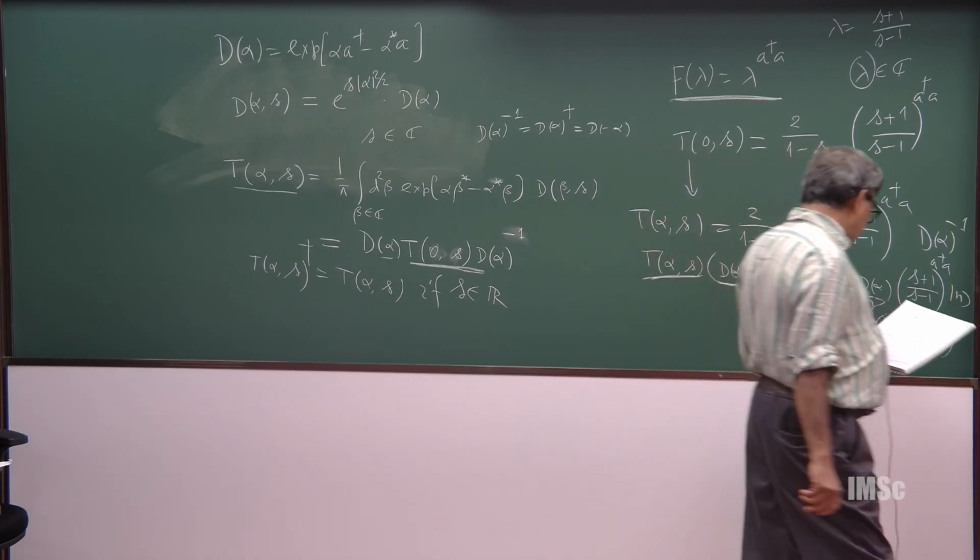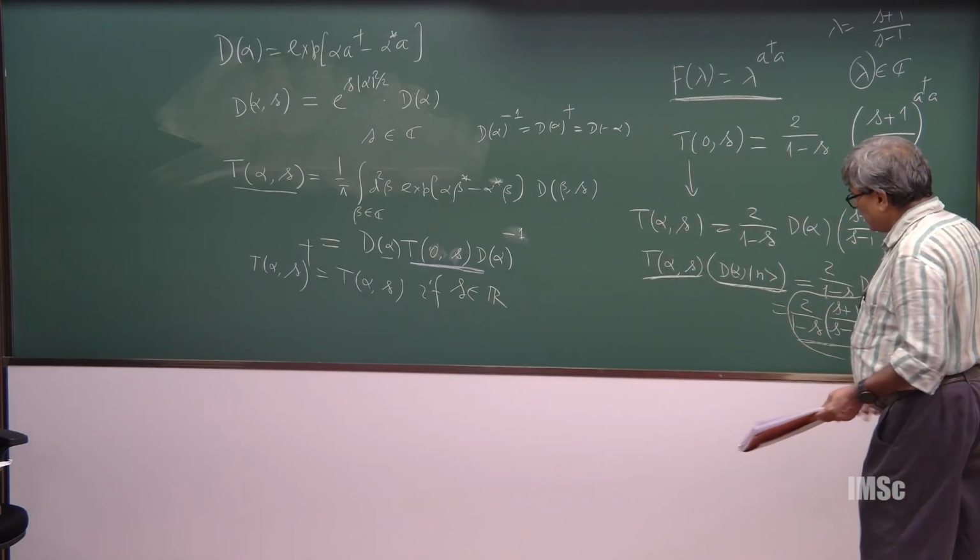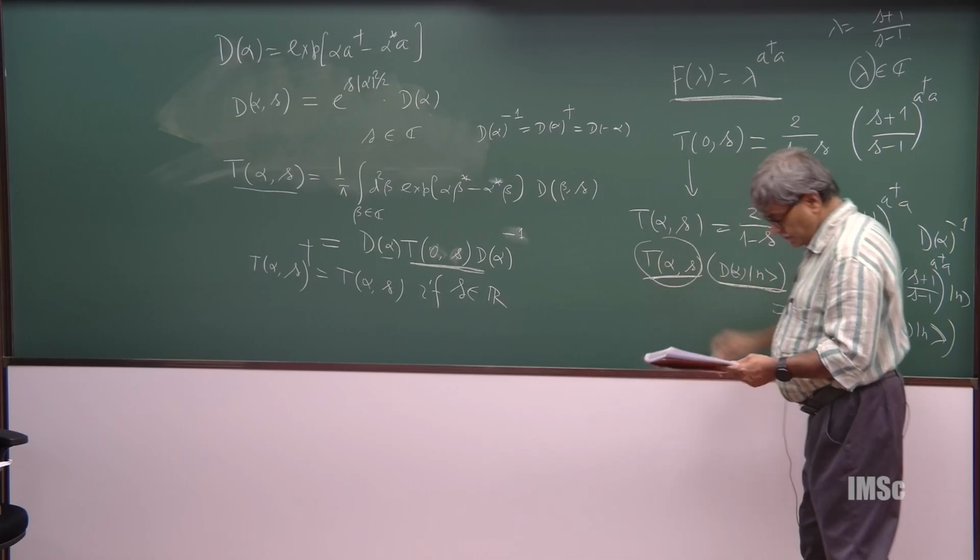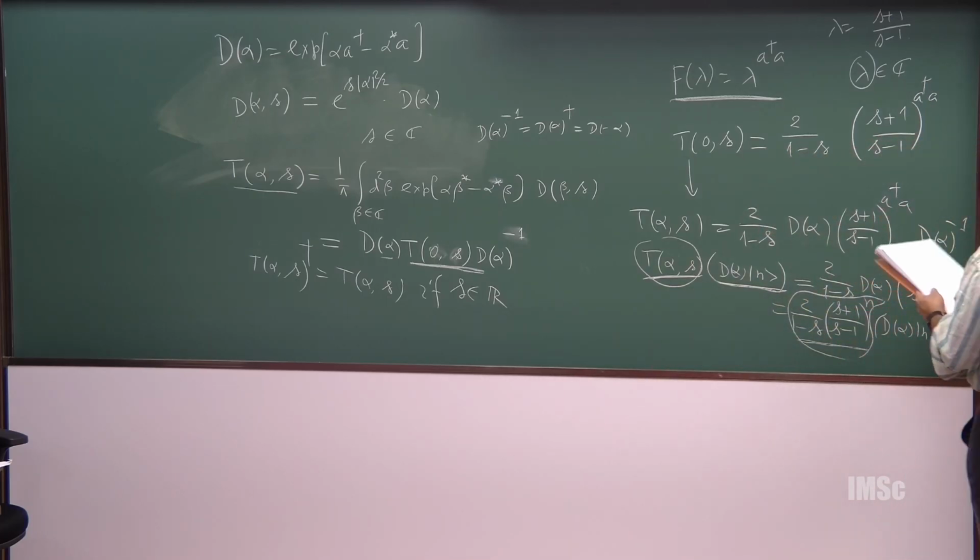Now if I try to figure out the behavior of this operator, let me look at the trace norm. T of alpha S is by definition D of alpha T of 0S D of alpha inverse.